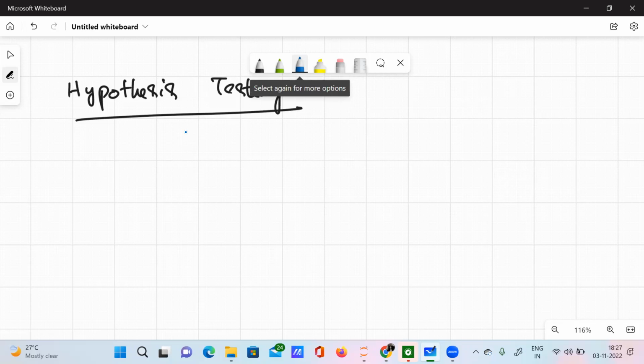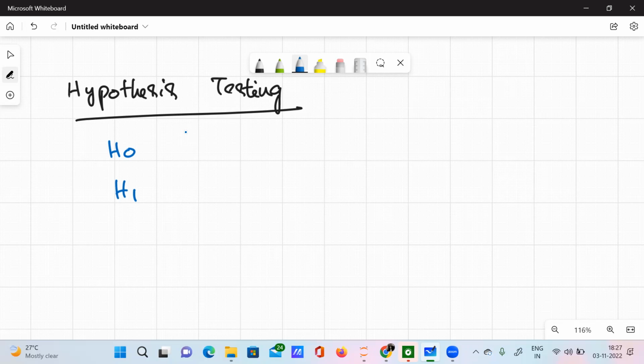Hypothesis testing is a situation where we can decide between two things. What is the first thing? The first thing is H naught, and the second thing is H1. So what are H naught and H1?